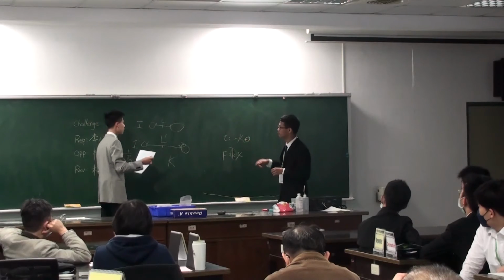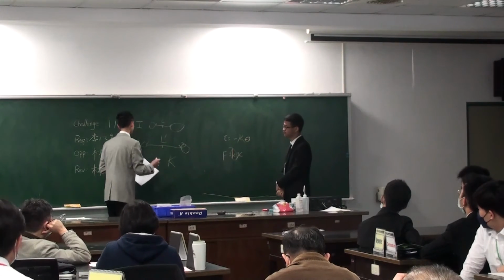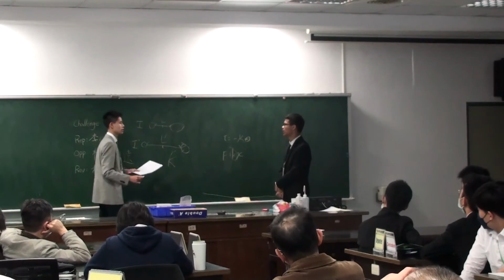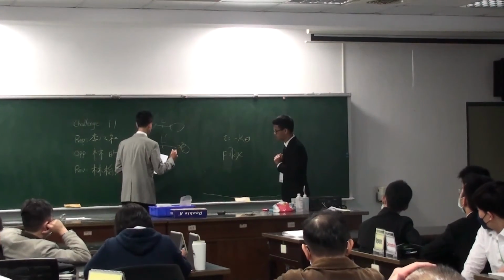It's also related to this. The opponent thinks that, as I mentioned before, the moment of inertia depends on the radius of the system. Sorry, I don't think that's the case.